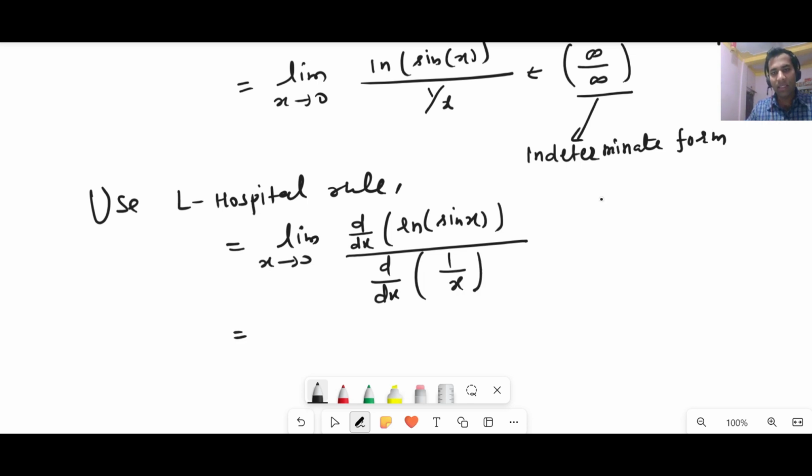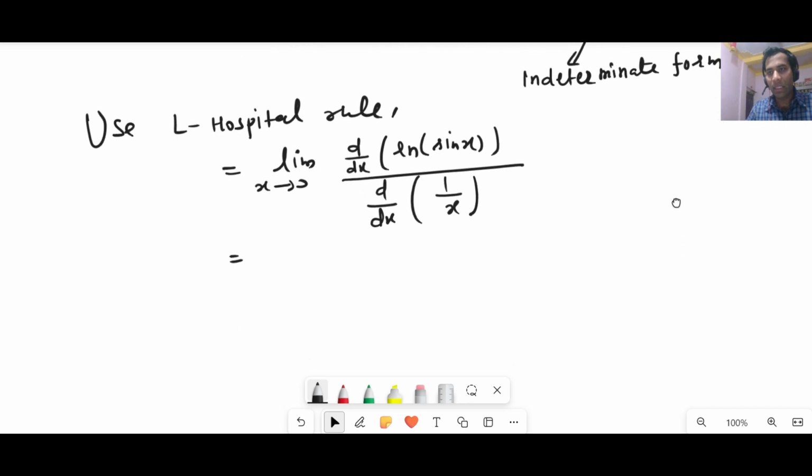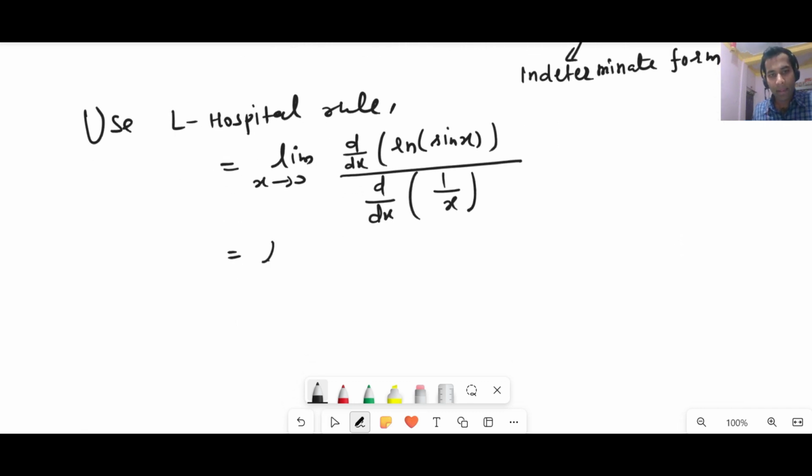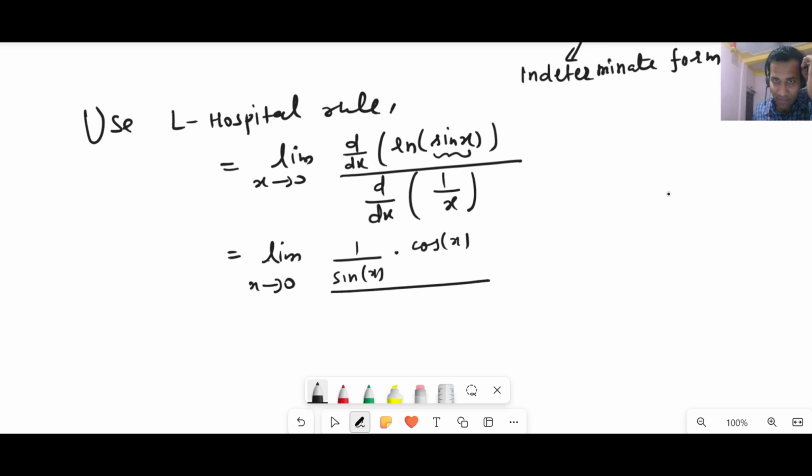After differentiating this function, it will give the limit x tending to 0. Derivative of log gives 1 by sine x, and the derivative of sine gives cos x. And the derivative of 1 by x is negative 1 by x square.